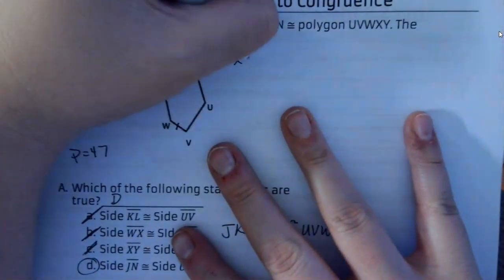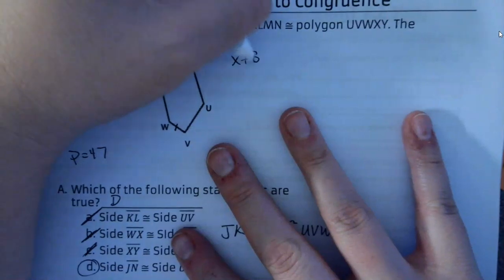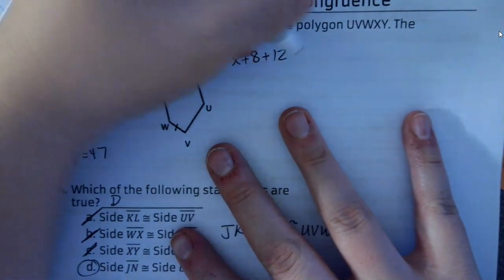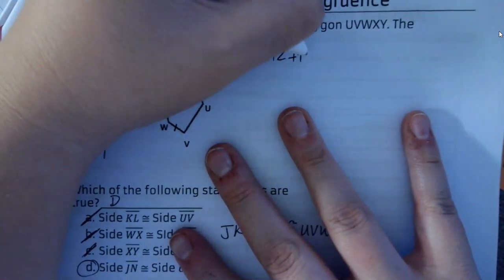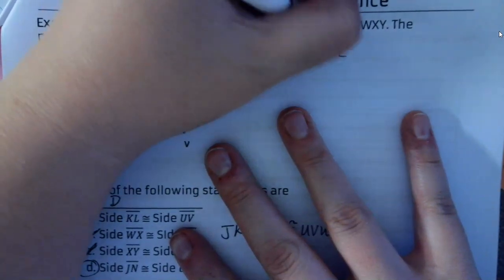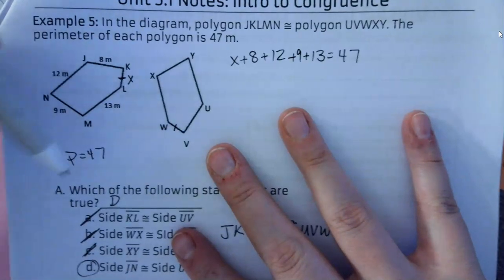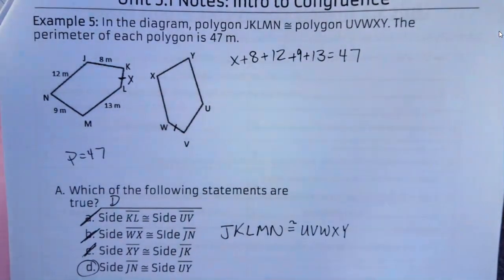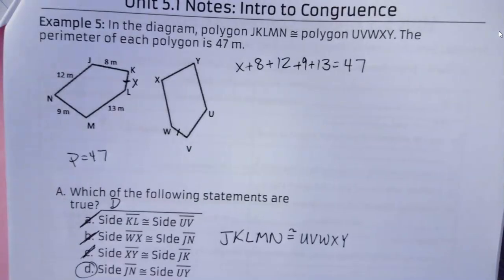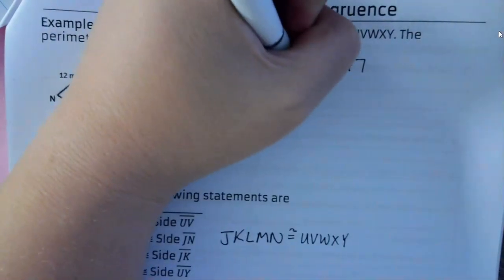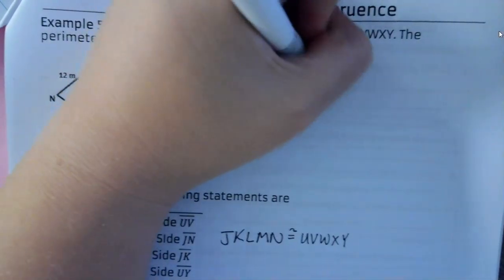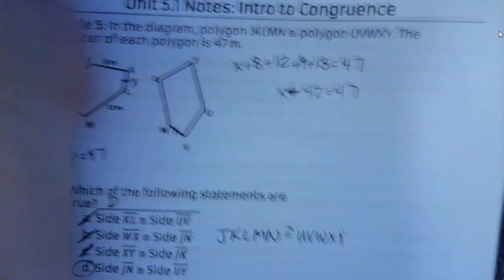In order to do that, we need to add all the sides together. X plus 8 plus 12 plus 9 plus 13 equals 47. So all 5 of the sides add up to 47 because the perimeter is 47. And then we combine like terms. When we add them all together, we get 42. So x plus 42 equals 47.